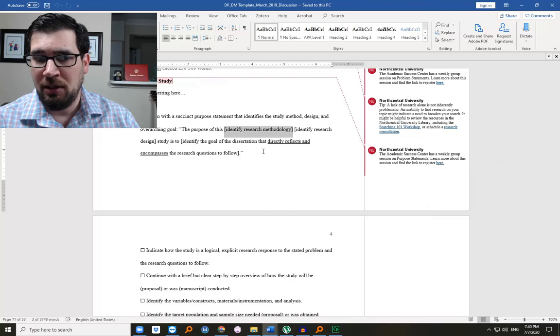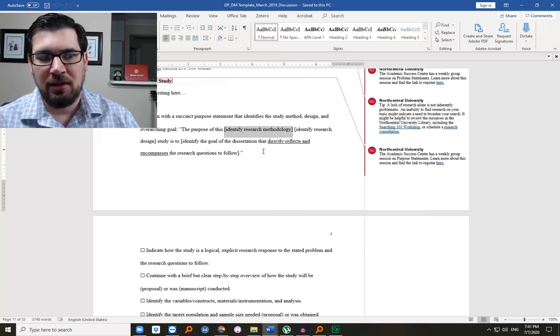That doesn't mean it's wrong. You can have an impressive dissertation. In fact, you can probably have a more impressive dissertation if you have a not necessarily simpler, but a more focused study. And when you get into mixed methods, sometimes you're not able to present that as concisely and in a focused manner.